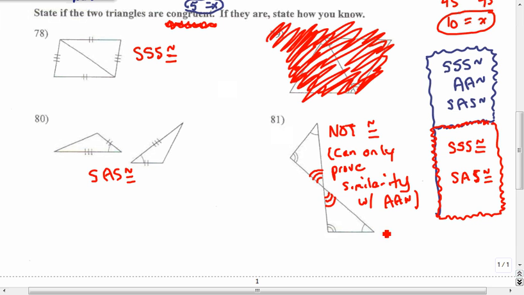We know that they are similar. They are, in fact, similar because we have 3 pairs of congruent angles. We have more than we need. We have 3 pairs of congruent angles, so we know for sure that they are similar triangles. But we can't prove congruence.